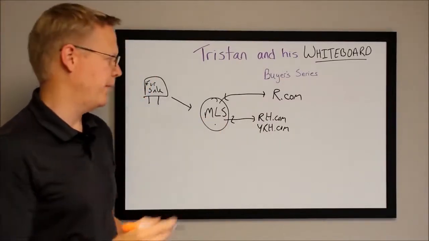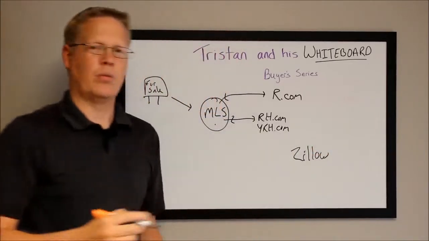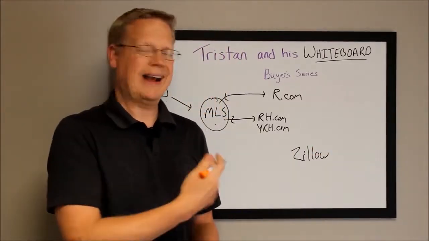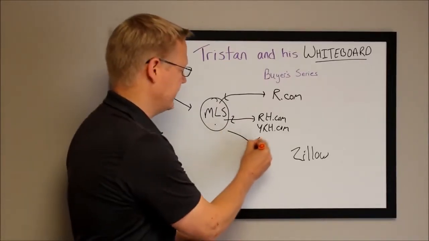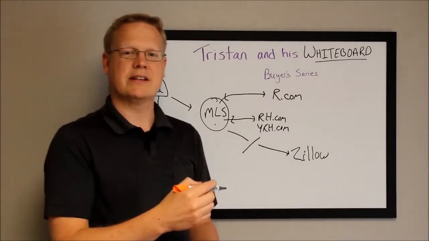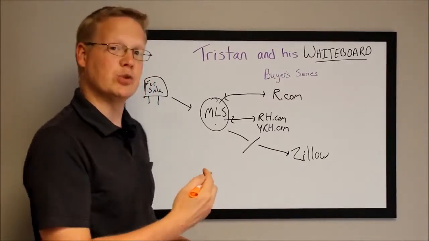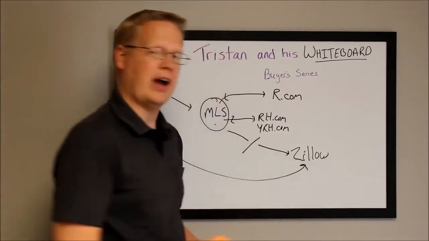Now, let's talk a little bit about Zillow. We as a board, the Black Hills Association of Realtors, this MLS, have decided not to give our information to Zillow. So what happens is that I, as an individual agent, will take my information and put it directly on Zillow's site.